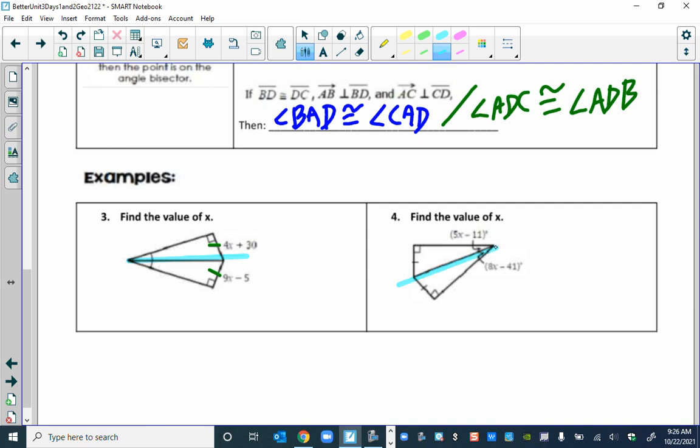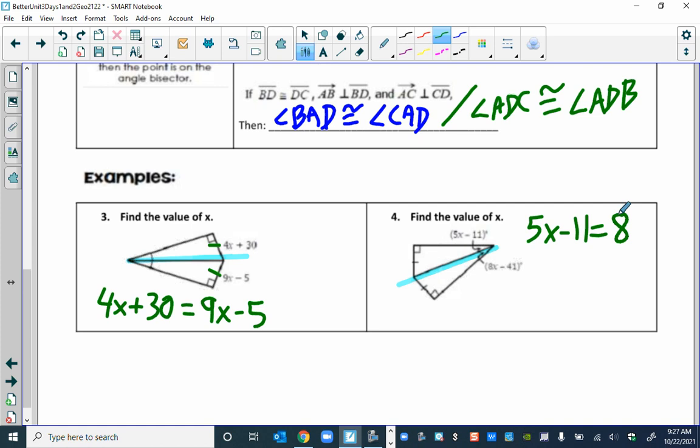What can we say about those two angles? They are the same. So in both cases, all you're doing is set 4x plus 30 equals 9x minus 5. And then 5x minus 11 equals 8x minus 41.